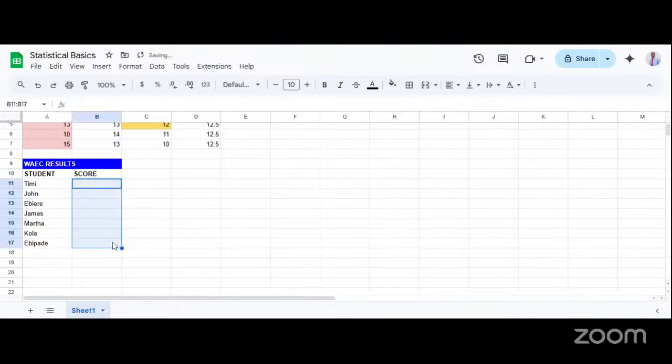So I'll just give a rough sketch, right? So this person did 300. This person did 295. This person did 299. This person did 120.